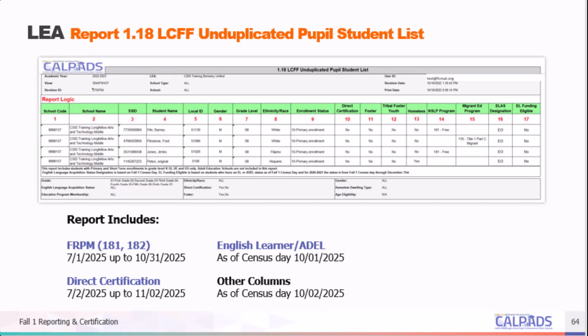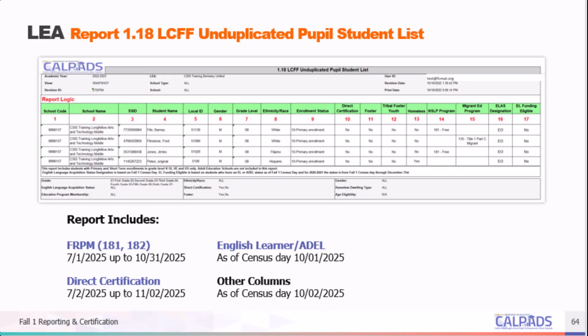One thing that you're going to want to do with these reports is identify students that are directly certified, identify students that might be identified in the NSLP program, and in your local systems, query for students with the same address. Students of the same household that are not categorically eligible, those that are direct cert or 181 free, those are household determinations.